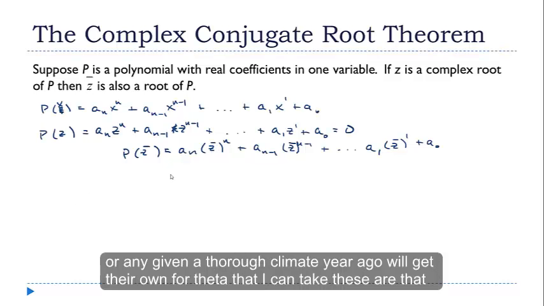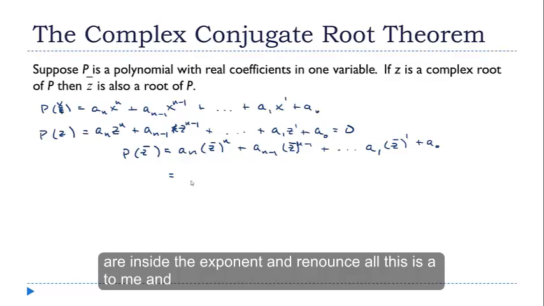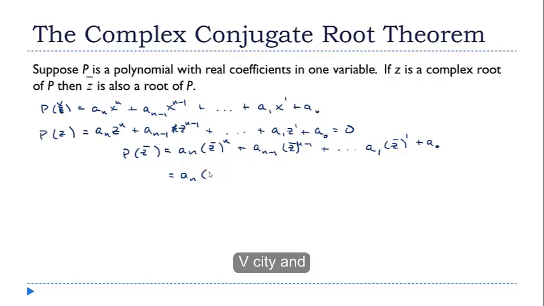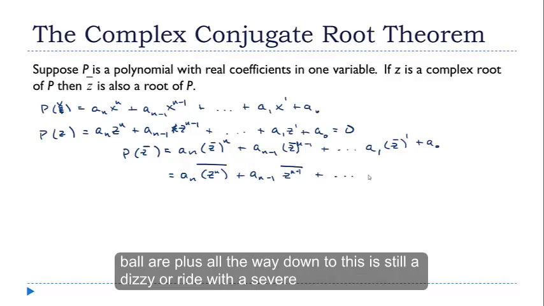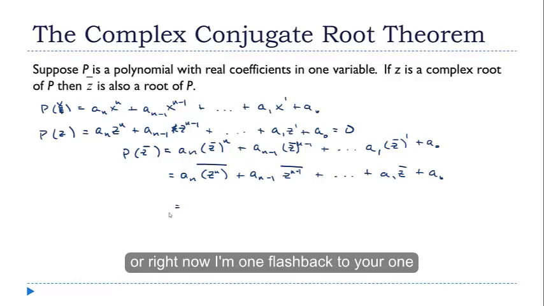Now here's where I'm going to start applying my theorems over and over again. Theorem 4 says that I can take these bars that are inside the exponent and bring them outside. This is a_n times z to the n bar, plus a_(n minus 1) times z to the n minus 1 bar, plus all the way down to, this is still really just z bar, plus a_0. Now I'm going to flash back to Theorem 1.